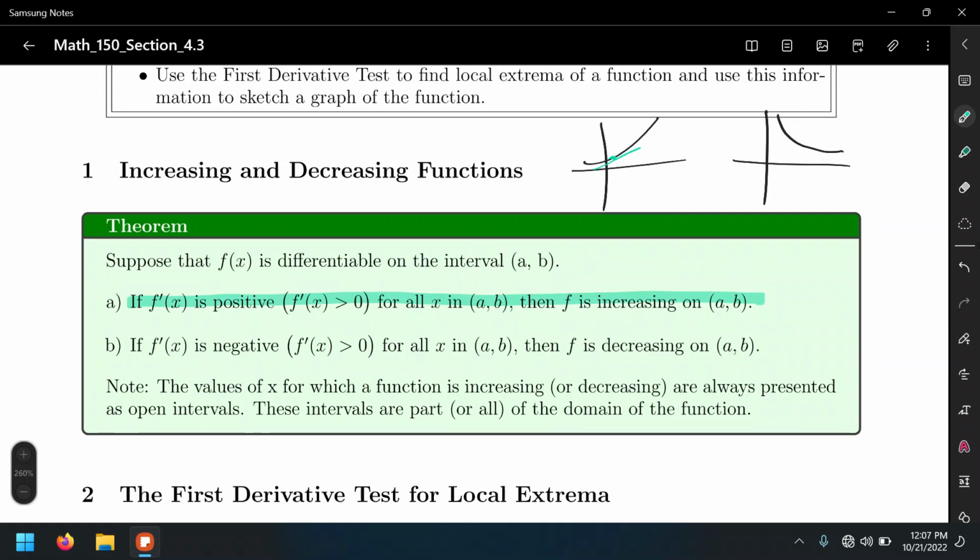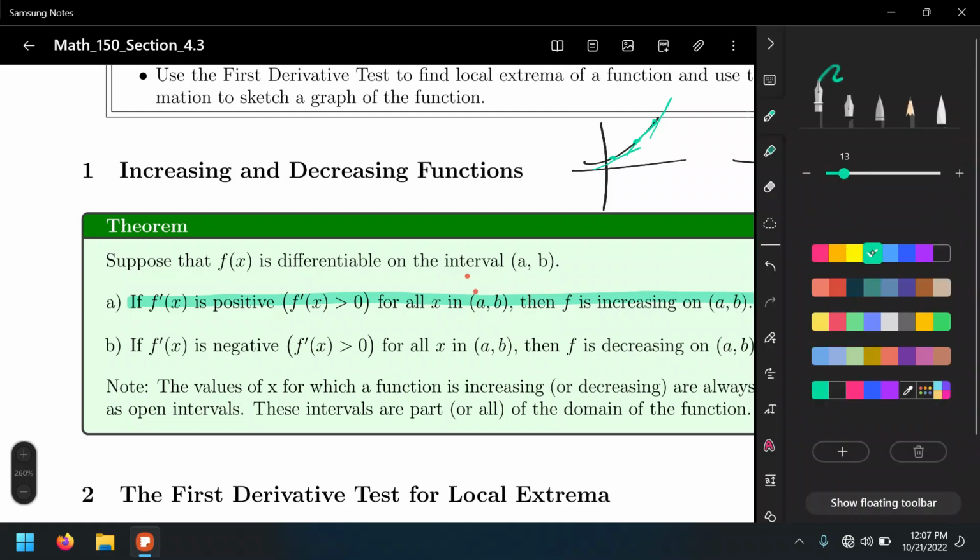Notice that the tangent line is going up. It has a positive slope. At another point, it also has a positive slope. At another point, it also has a positive slope. That means positive derivative means positive slope, which also means increasing.